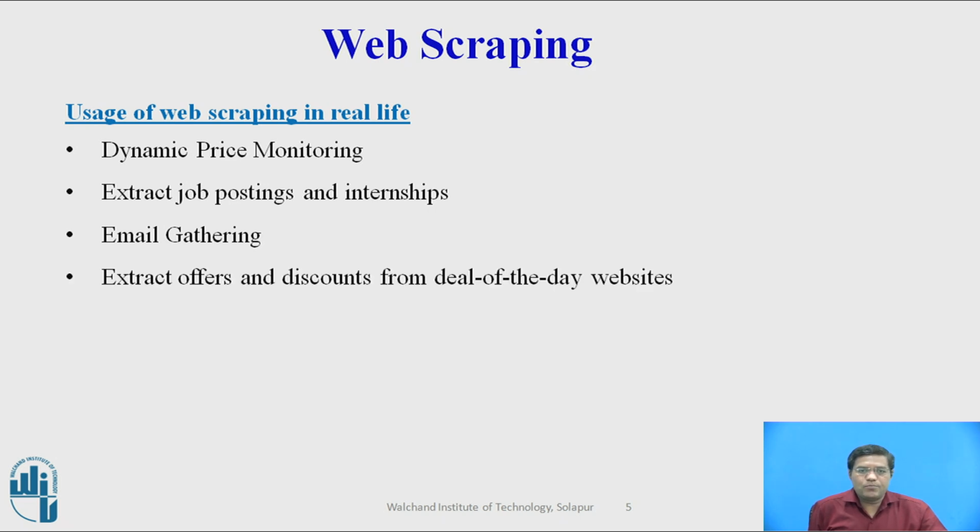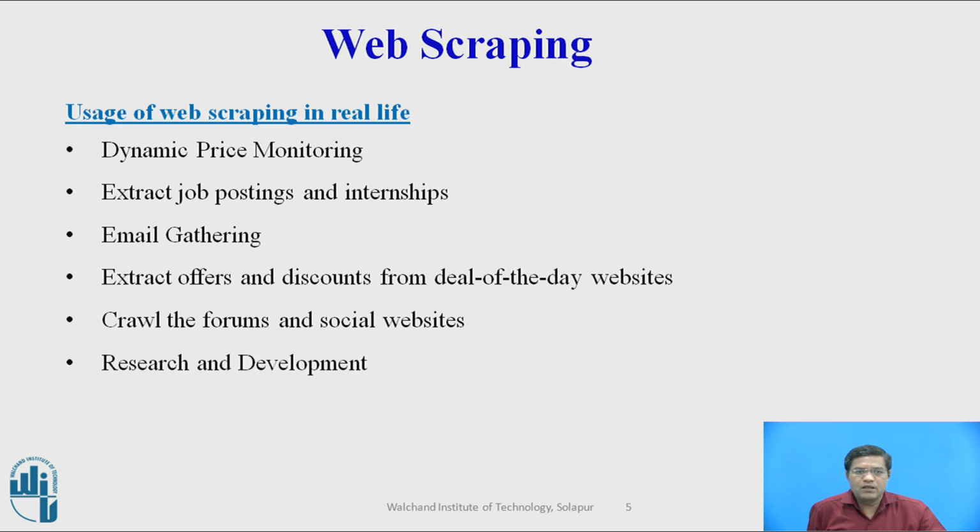We can also extract offers and discounts from deal-of-the-day websites, and crawl forums and social websites in order to find out trending topics in social media. In research and development, the data extracted from websites can be related to weather forecasting, general information and statistics. All this information can be used for analysis, research and development purposes.